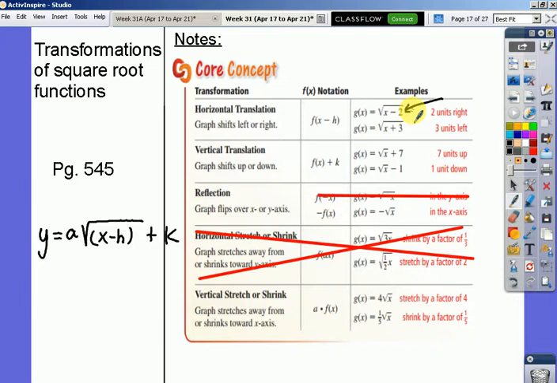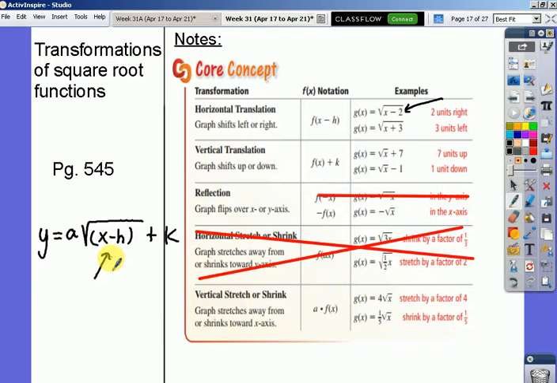Rather than move 3 to the right, it's going to move 3 to the left. So it's always the opposite direction. And that's only with the h, with this x minus h part. Same thing as before. Same thing with absolute value functions. Same thing with exponential functions. And it's going to be the same thing when we talk about parabolas.